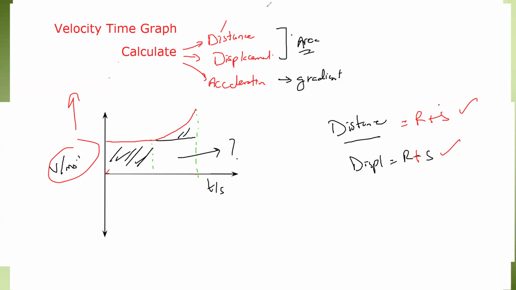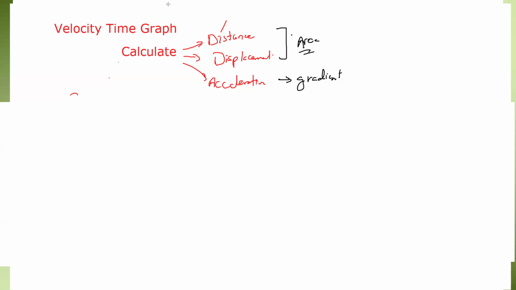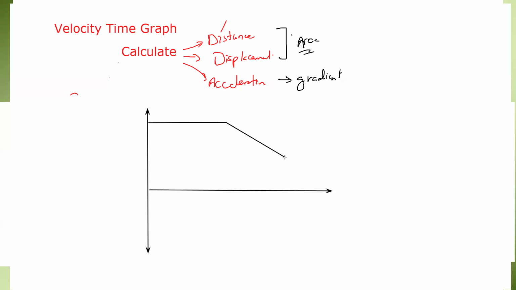Even if there's another graph in this manner, I have to take the area under the graph. So I have to take the full area. If I divide into segments, 1, 2, 3, 4, I have to take the total area under the graph to work out the distance or displacement.